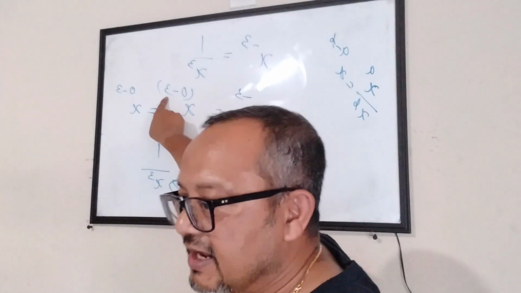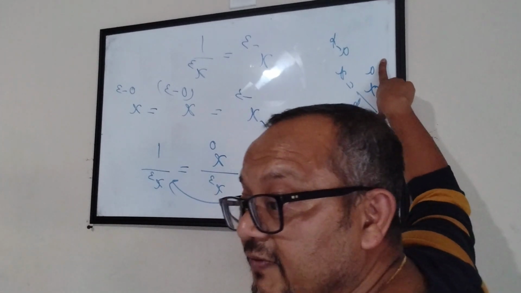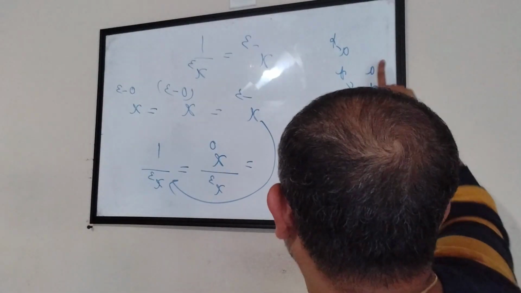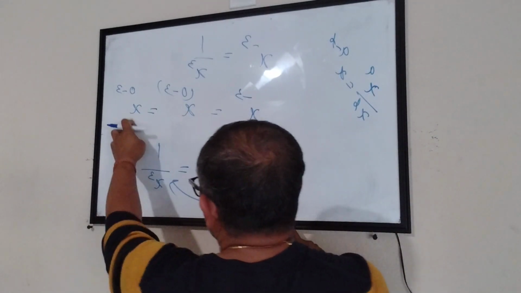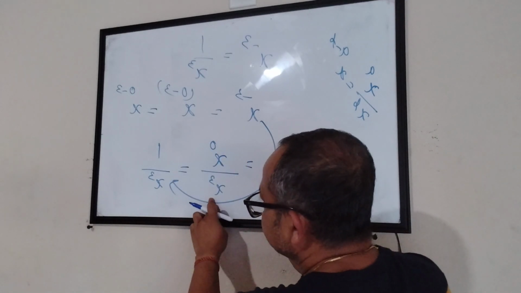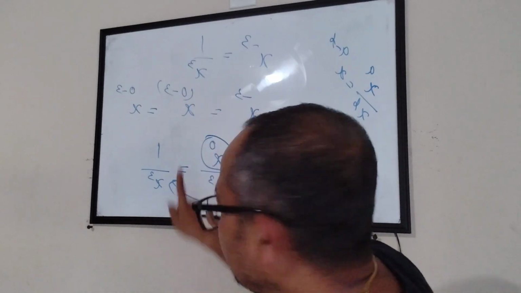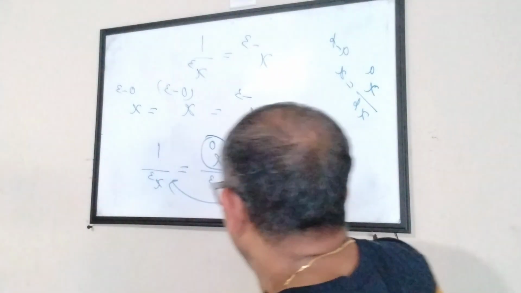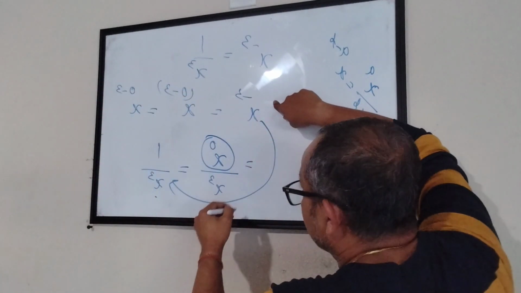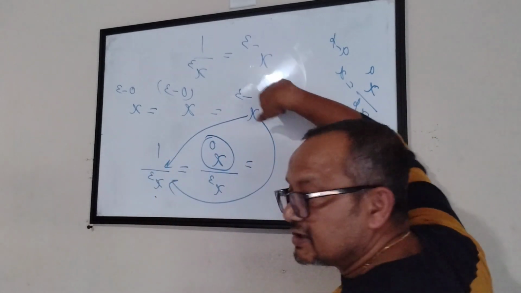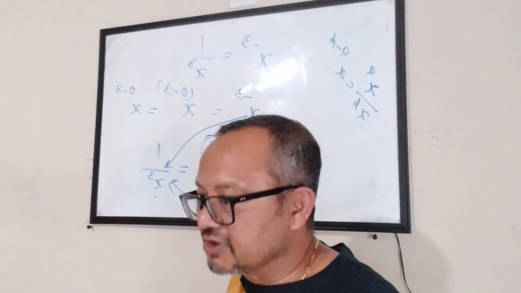Now, this is x to the power a minus b, which is nothing but my division formula for exponents. x to the power a minus b is nothing but x to the power a divided by x to the power b. This is x to the power 0, and x to the power 0 is 1. So instead of doing all this drama and circus, we all memorize that this is the answer. But conceptually, if you want to relate, this is how it is.